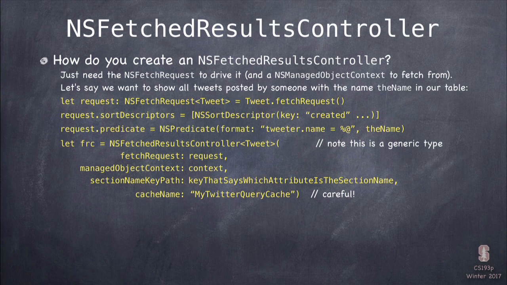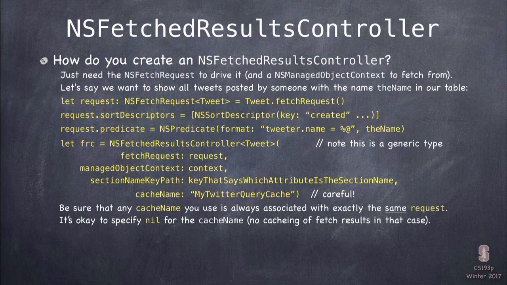So it's going to get all those tweets, and I'm going to set that request as the first argument there to NSFetchResultsController. By the way, notice NSFetchResultsController is also a generic type. An NSFetchResultsController can only control fetches for a certain type. So you have to say what type of entity your fetch result is controlling.